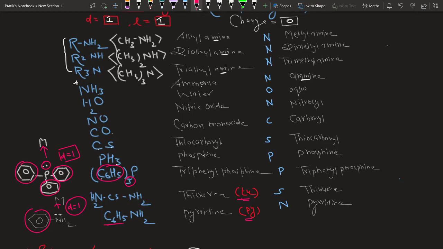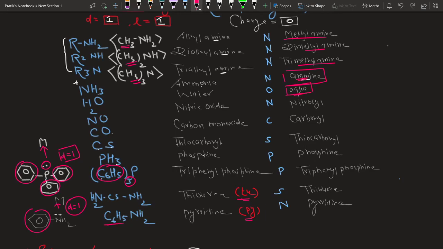So when these chargeless molecules form 1 coordinate bond and act as ligand, we have to learn their names. RNH2, if it is CH3, is called methylamine. (CH3)2NH, dimethylamine. (CH3)3N, trimethylamine. NH3 is referred to as ammine, with double m. Please remember, whenever we write NH3, we write double m. Water is referred to as aqua.